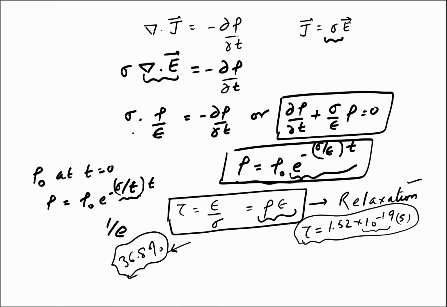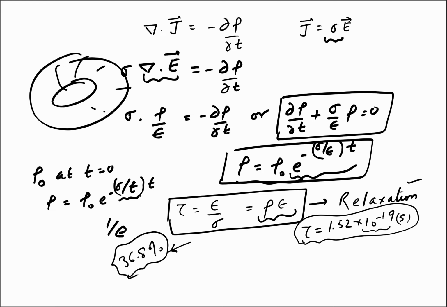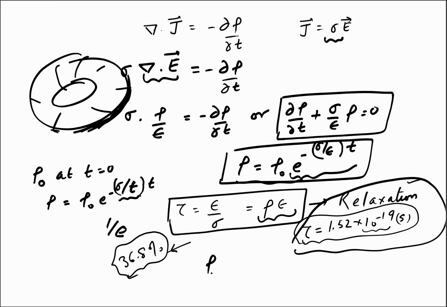So we have proved that even if there was any charge inside the conductor, it will decay and come to the surface. Of course, where will the charge go? It cannot be destroyed, so it will come to the surface within this small time frame. And what if this rho naught was equal to 0 initially?